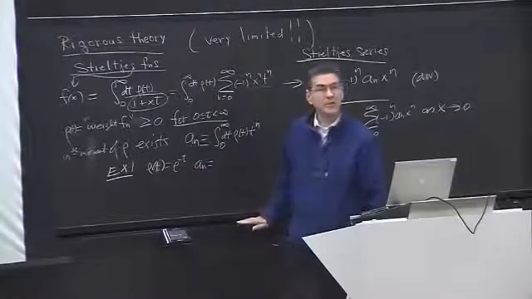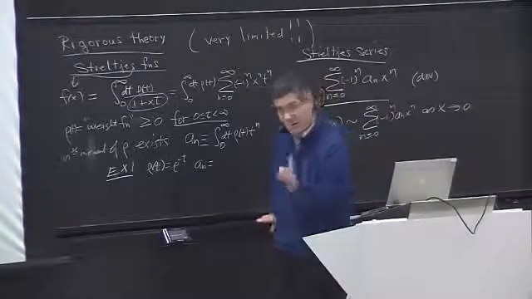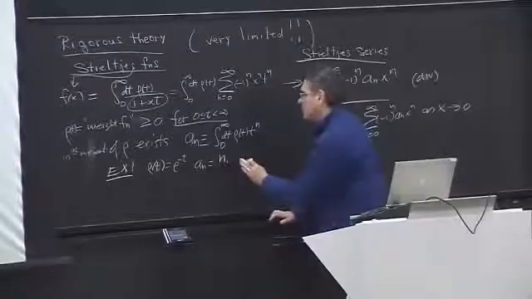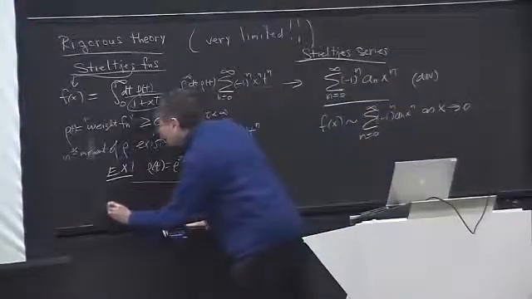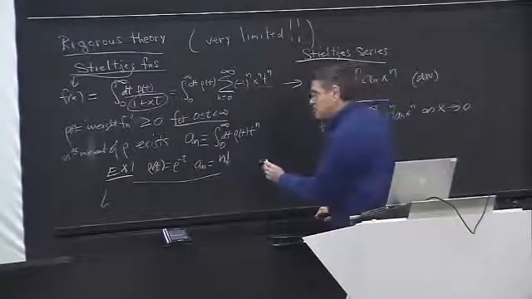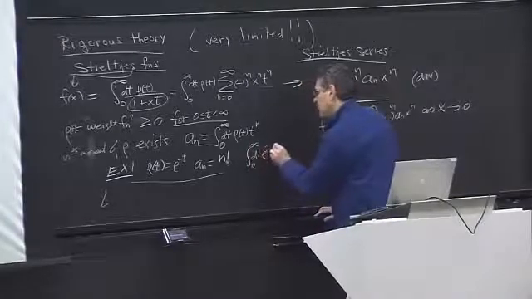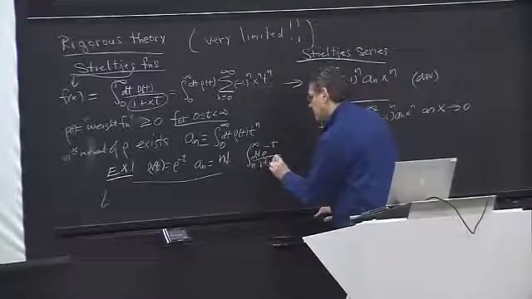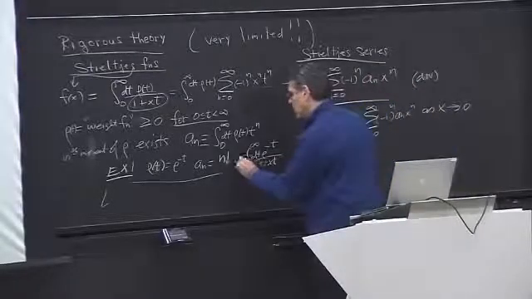What's a sub n, the nth moment? N factorial. Okay, so that's one example. The corresponding Stieltjes function would be the integral from 0 to infinity dt e to the minus t over 1 plus xt. That's the Stieltjes function f.